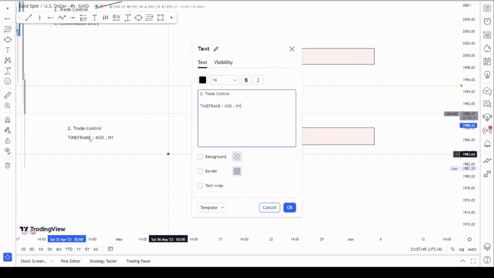How about the movement? The movement for the trade control is still the same, which is buy to sell and then sell to buy.